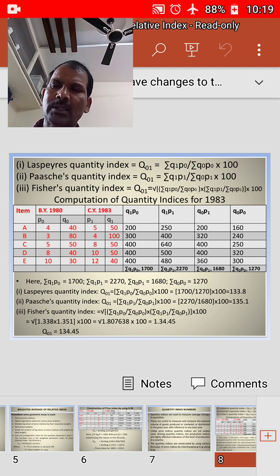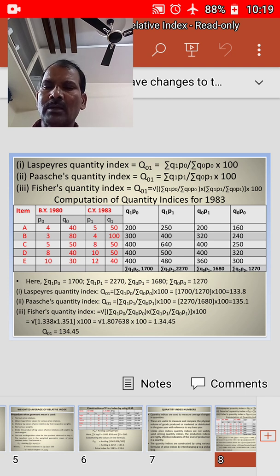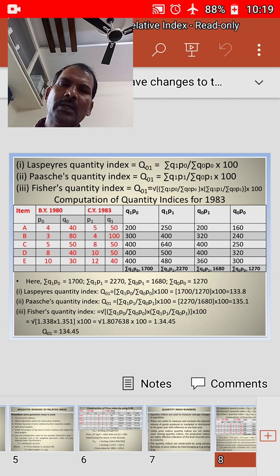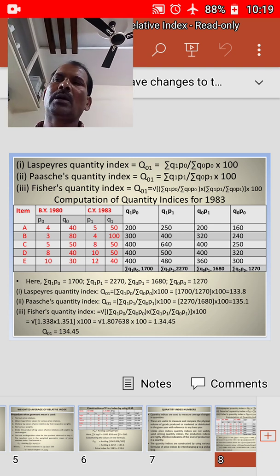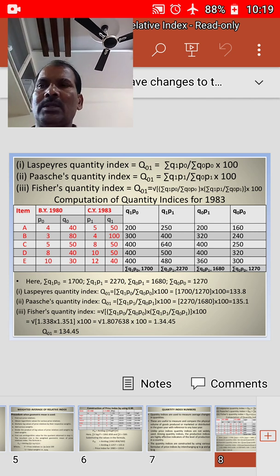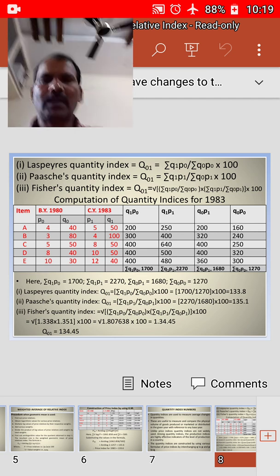Base year prices are 4, 3, 5, 8, 10, whereas quantities are 40, 80, 50, 40, 30, and current year prices are 5, 4, 8, 10, 12. Quantities are 50, 100, 50, 50, 40. Based on this information, we need to compute the quantity indices for 1983.